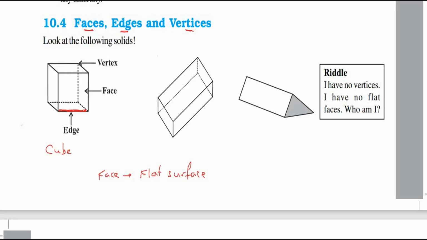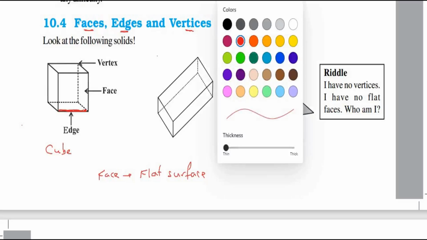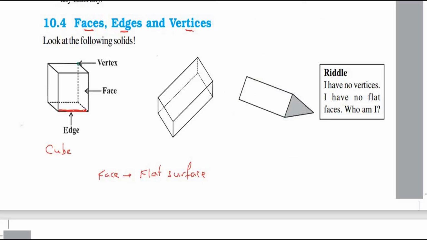And let's take the vertex in green. The vertexes are these points. The sharp point we can see here is the vertex. These sharp points are the vertexes. So we have face, the flat surface, the edge where the two faces meet.